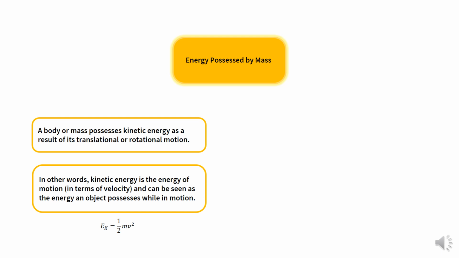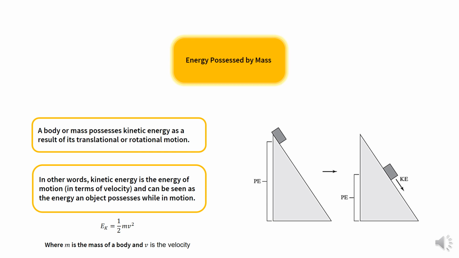The kinetic energy, EK, of a system is calculated as EK equals one half m v squared, where m is the mass of the body and v is the velocity. To distinguish between potential and kinetic energy, an example can be employed.